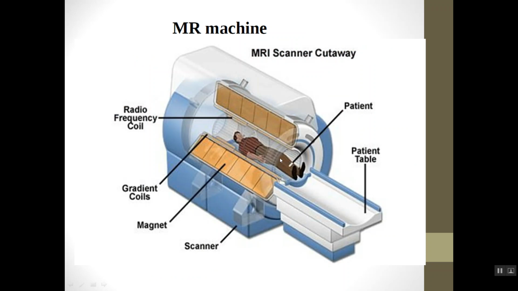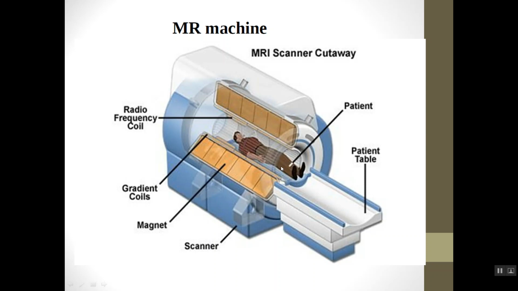I want you to know the axes of the patient. The patient placed here is in the supine position in the closed MRI, and this direction of the patient is called the z-axis. One axis is vertical to the patient, which is the y-axis, and another is horizontal to the patient, called the x-axis. So I have three axes.